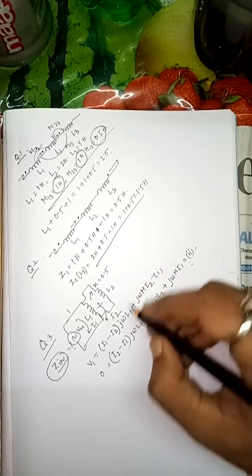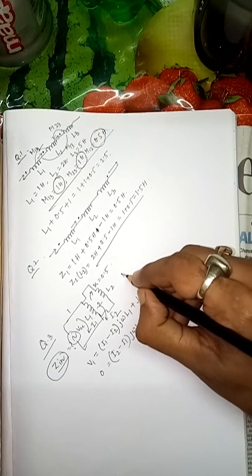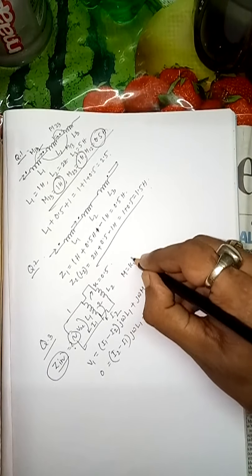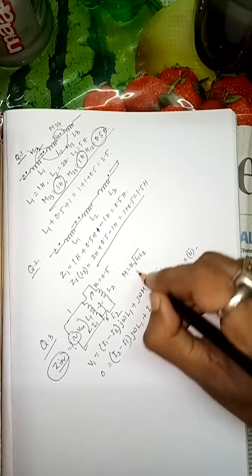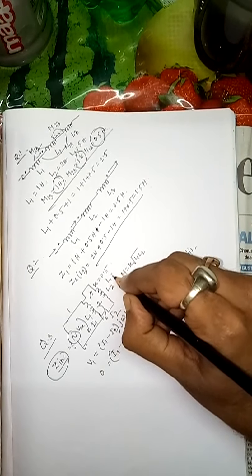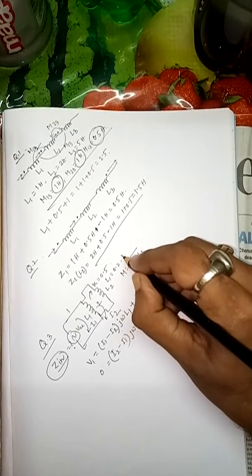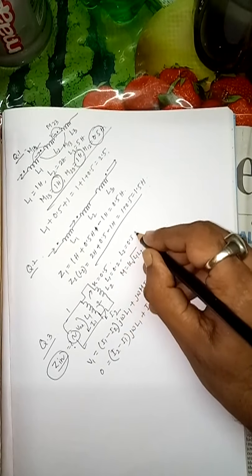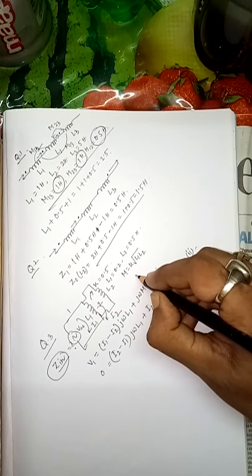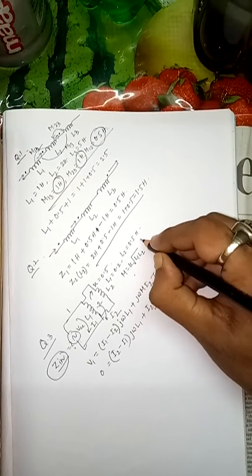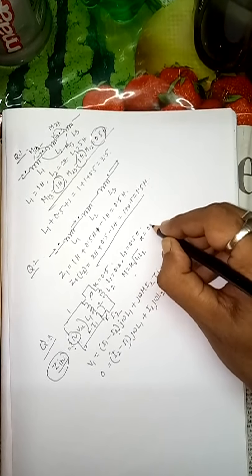So first find out what is the value of M. M equals to k root over L1 L2. Here the L1 L2 value is given, that L1 equals to 0.2 and L2 equals to 0.5 Henry. So just put this value, we will be getting that k equals to given as 0.5.